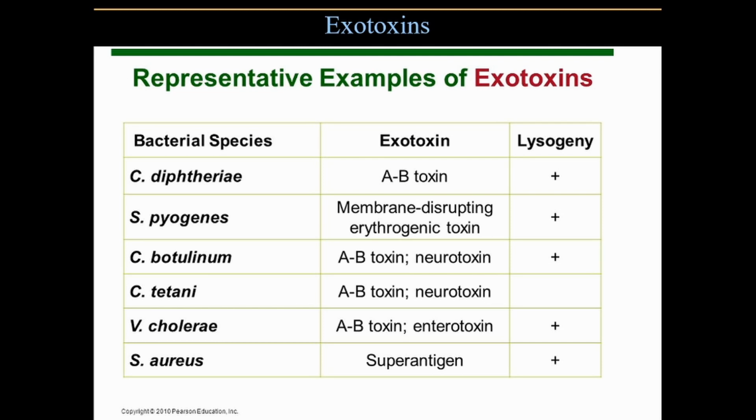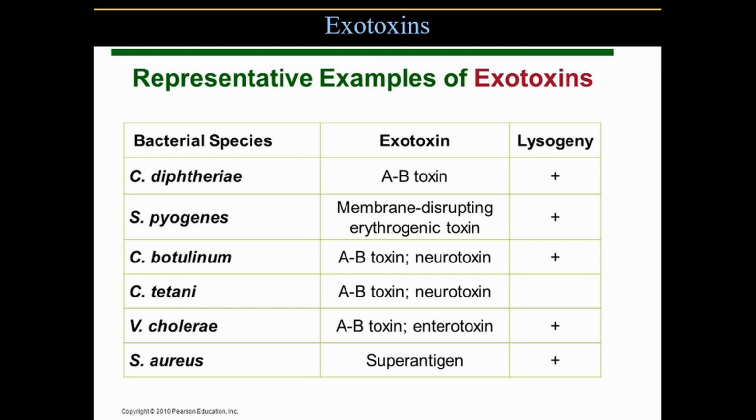The column on the right, lysogeny, just refers to whether these bacteria undergo infection by viruses, so bacteriophages. For example, strep pyogenes can undergo lysogeny, and it's kind of funny to say that when the bacteria are not infected by a virus, they cause strep throat.